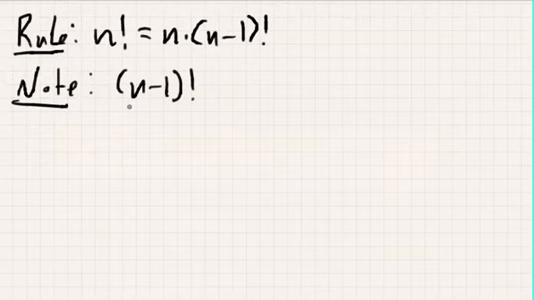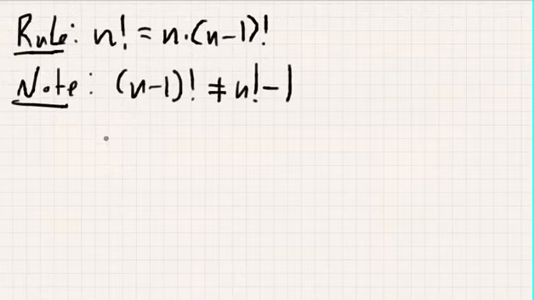If n is 5, plug in 5 here, and you get 4. This is not n factorial minus 1. Okay. But let's do a couple of examples of using this fact.